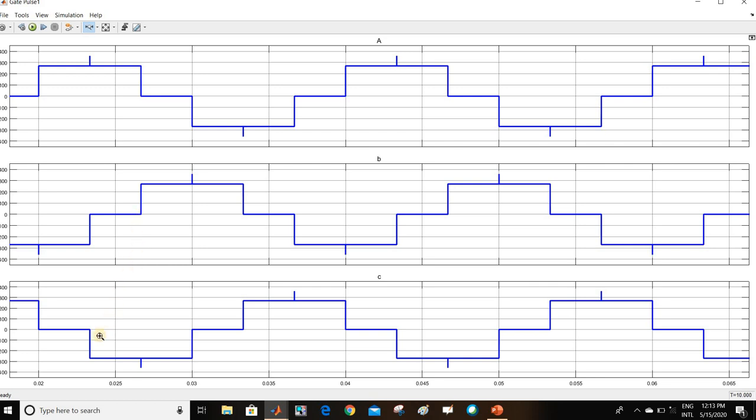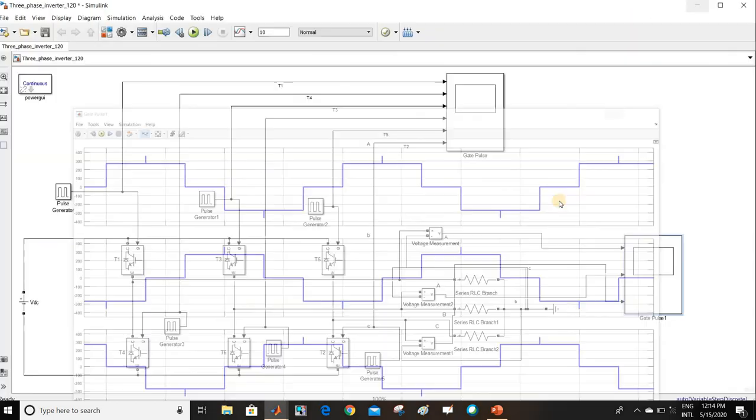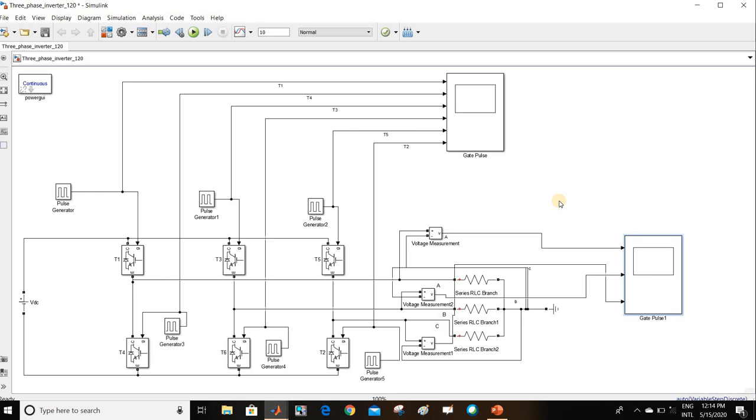Next what we have? VCN for this period. What is that? VCN for 60 to 120 degree is minus VDC by 2 as the negative side is connected with the C. So it is coming minus 270, minus VDC by 2. So the same thing is coming, or it is satisfying your theoretical part.